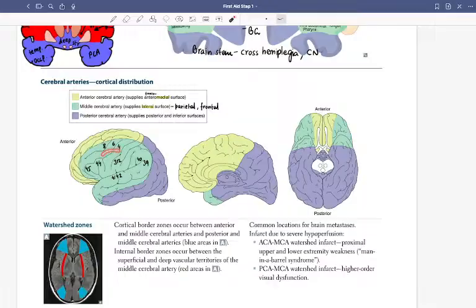Areas 4, 6, 8. That's why we had areas 4, 6, 8. 4, 6, 8 was all motor, and 3, 1, 2 was sensory. 8 was frontal eye field, which looks towards the side of the lesion.